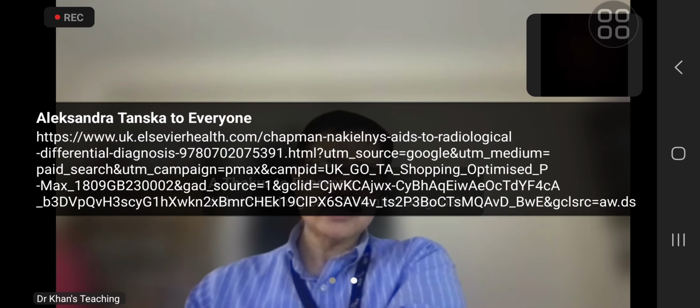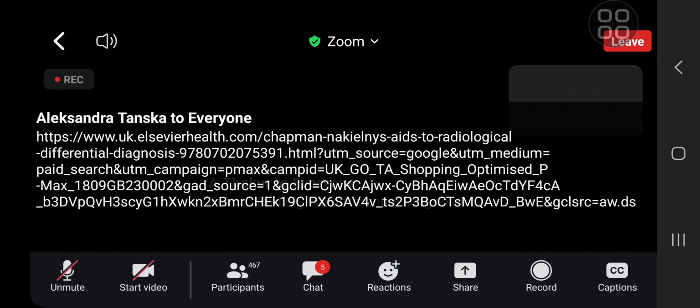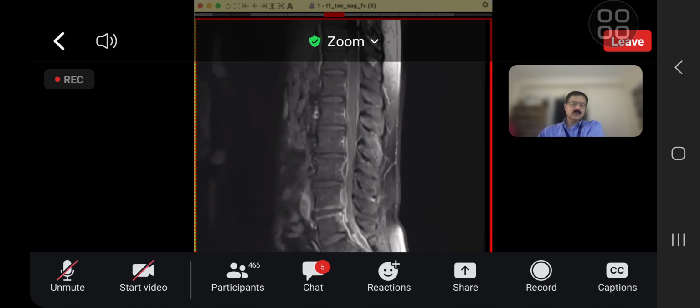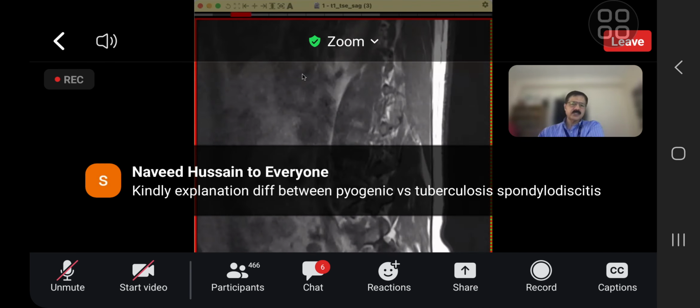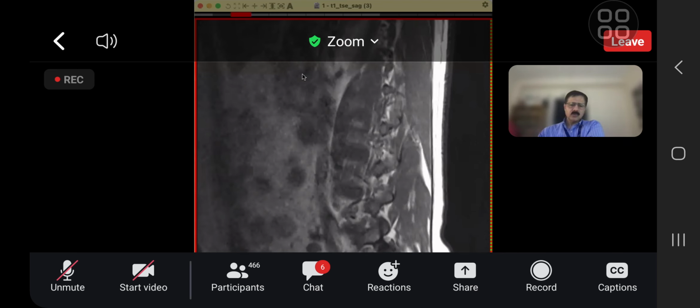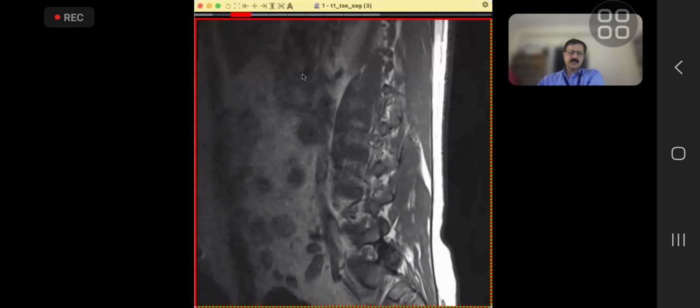Now, our case here. Now, if you see here, it is in the same case. Just 1 second, my OsiriX has crashed. Actually, it is showing, but it has crashed on my screen. Just 1 second.